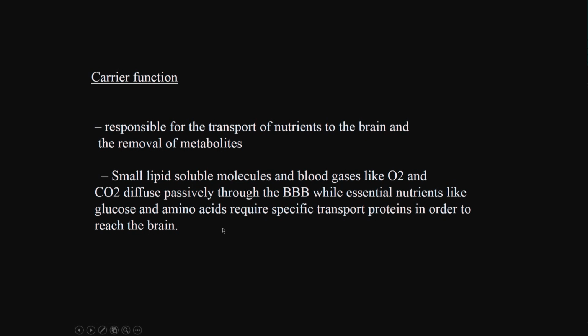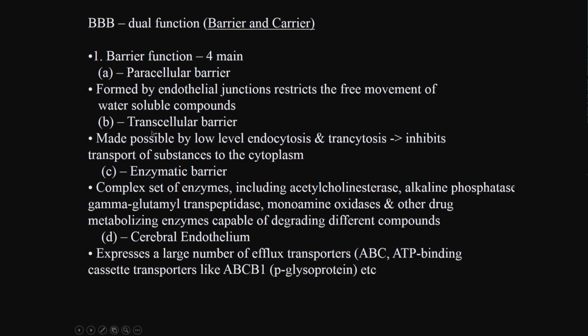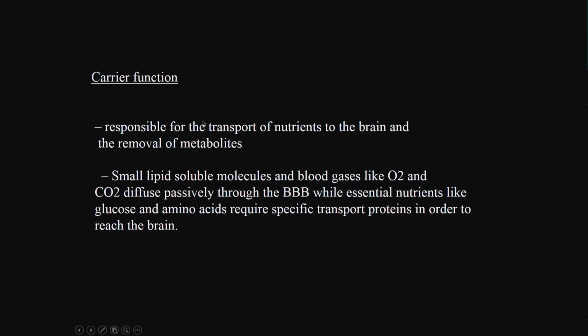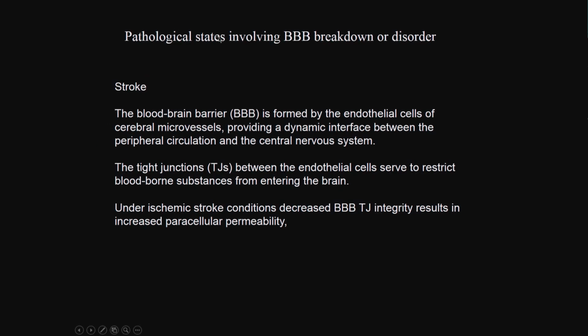So there are two different functions of the BBB: the barriers, a lot of barriers here, and the carriers, responsible for nutrients and removal of metabolites, while gases passively diffuse.